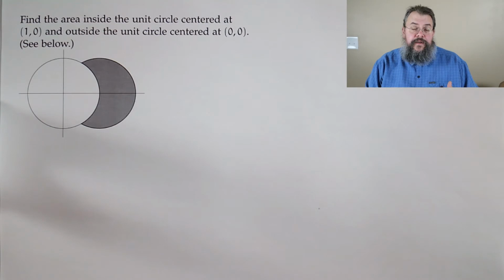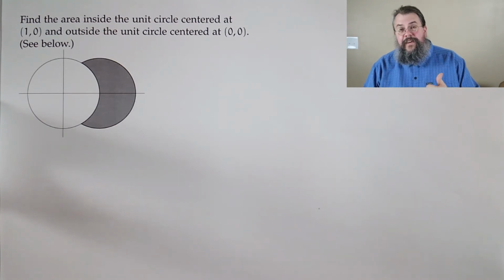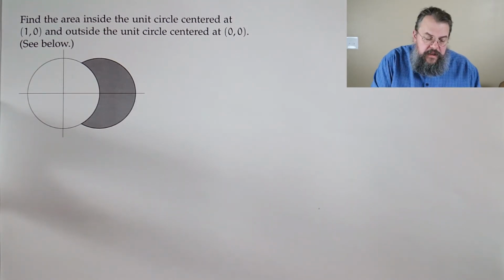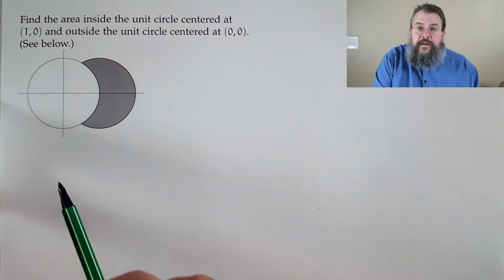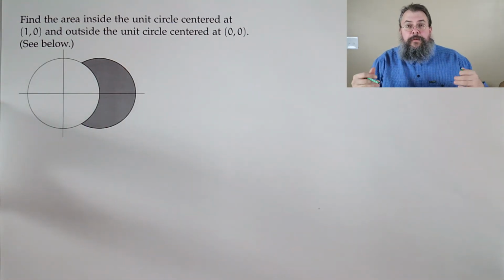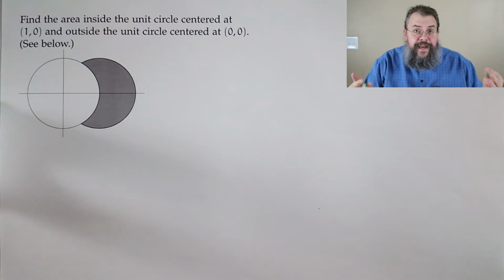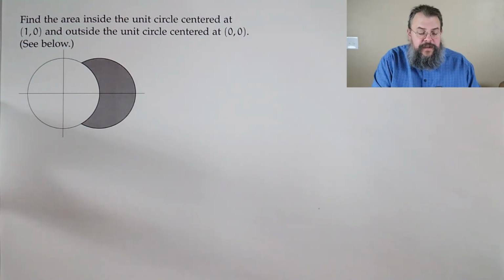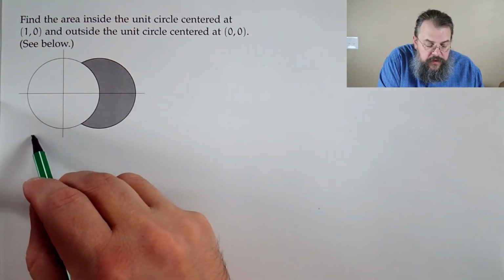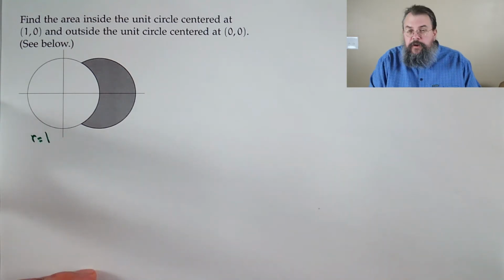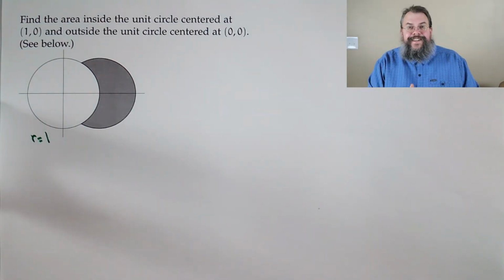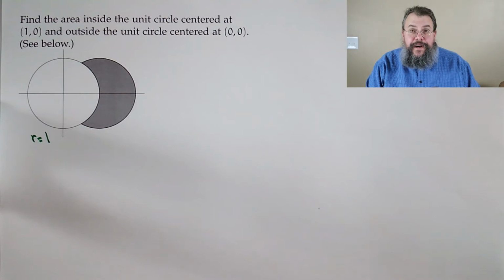So let's think of these circles. One of them is really easy, namely the circle centered at 0, 0, radius 1. That's the unit circle we normally think of, and we can describe it as r equals 1.